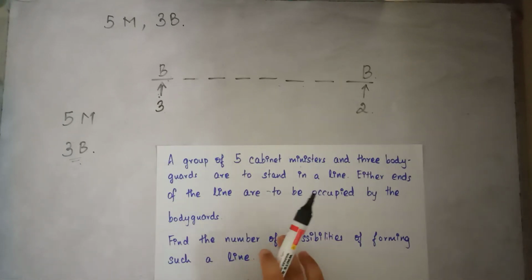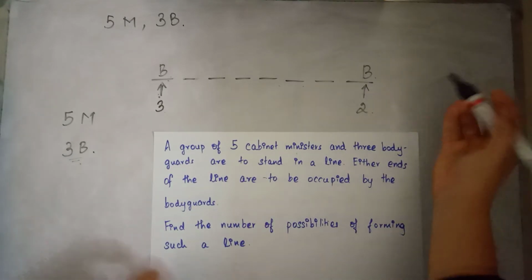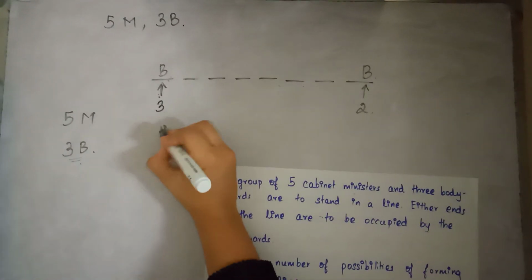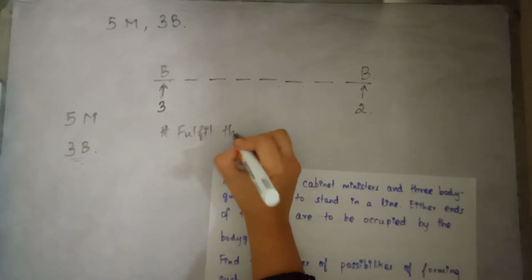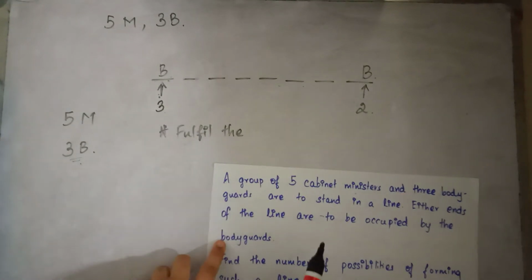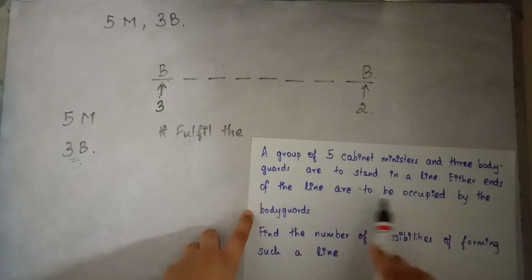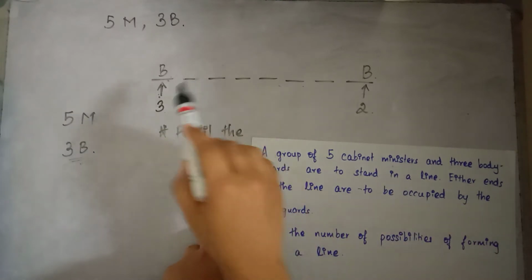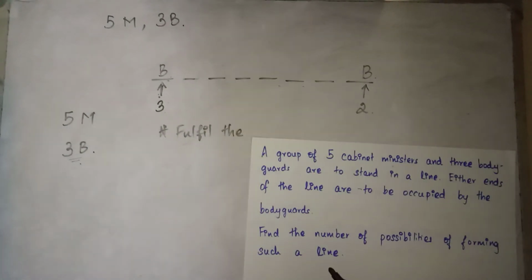Now another thing that you have to notice in such a problem: first fulfill the conditions. What I mean by this is, you have to first look at the condition, that either ends of the line are to be occupied by the bodyguards. You first fulfill that and then you go on to the other normal seats. Now let's just say I didn't fulfill that.